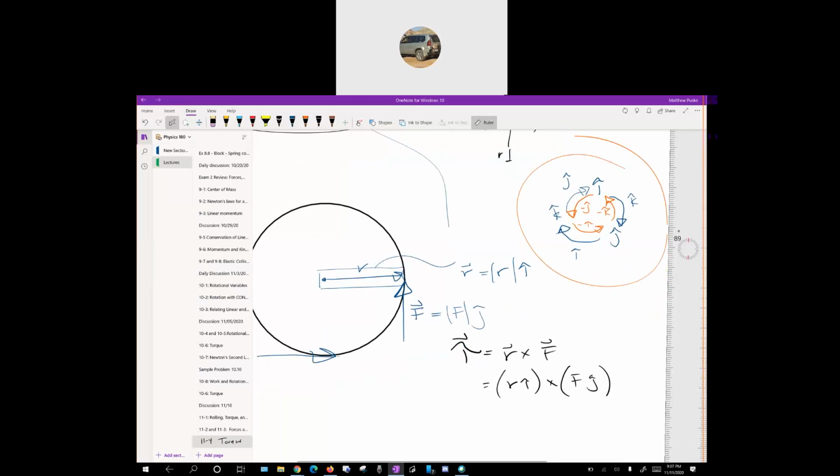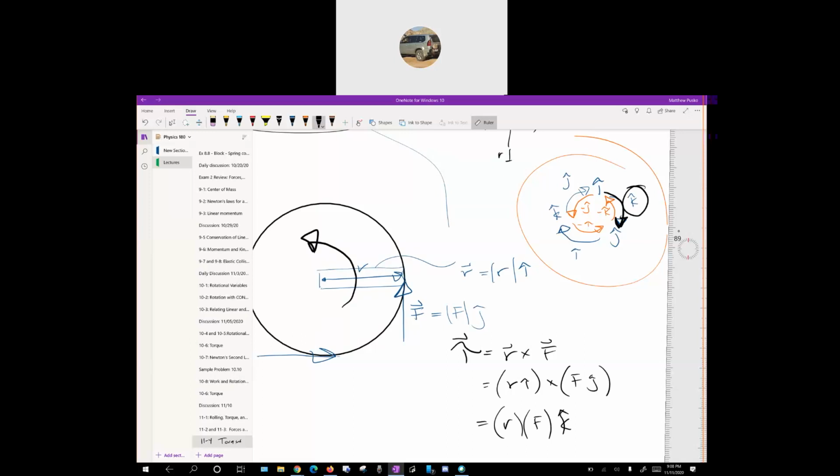And i crossed into j, come over to my table, i crossed into j gives me k. So it's in the positive k direction, and the magnitude is R times F. So what does that tell us? A positive k direction means it's going to rotate.